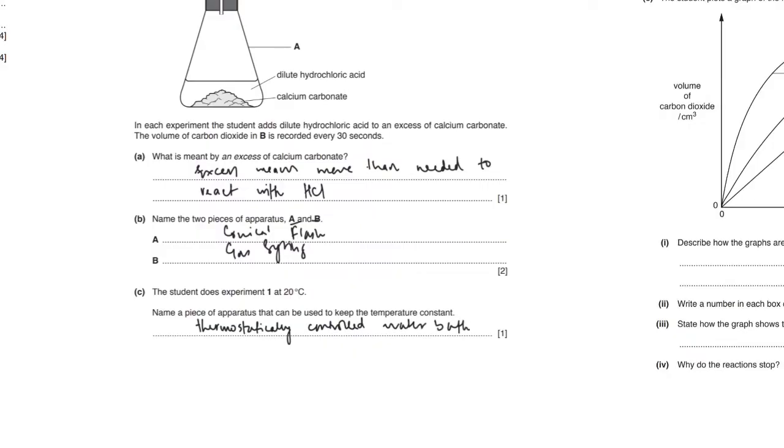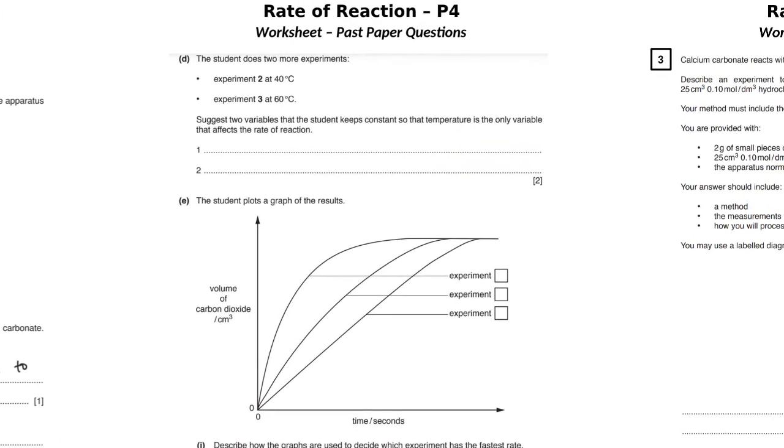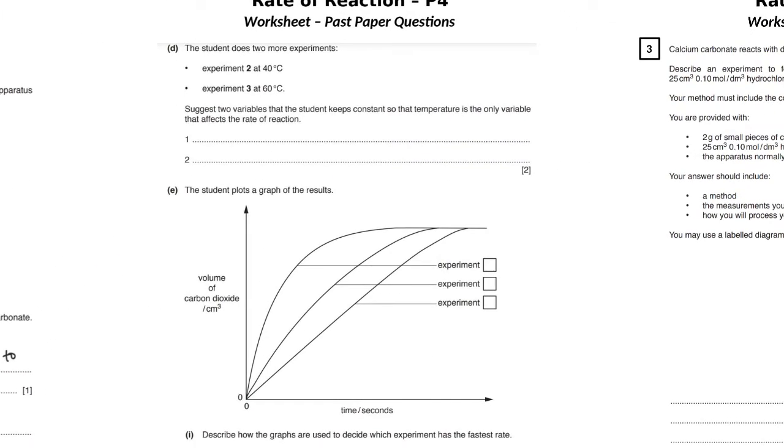The next part is that the student does two more experiments. He did the first experiment, then experiment 2 at 40, so he's increasing the temperature, and experiment 3 at 60 degrees Celsius.